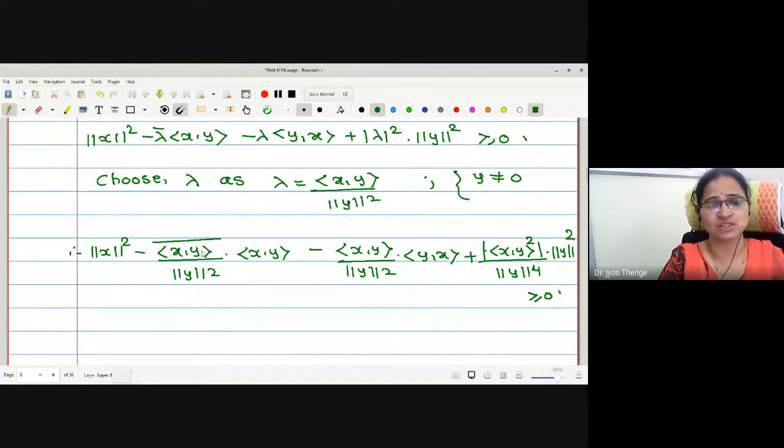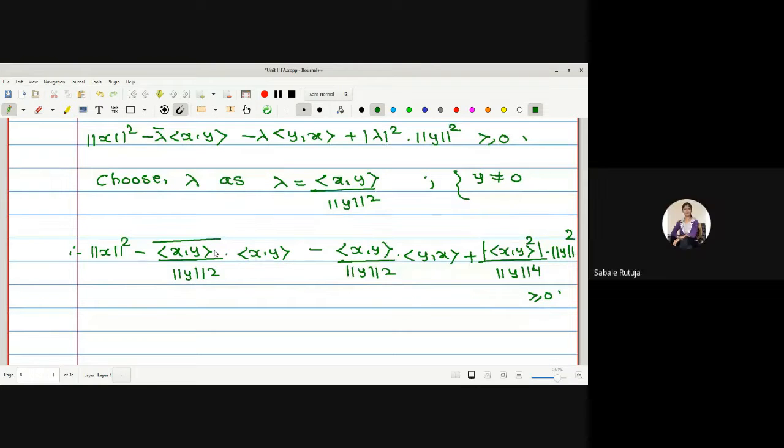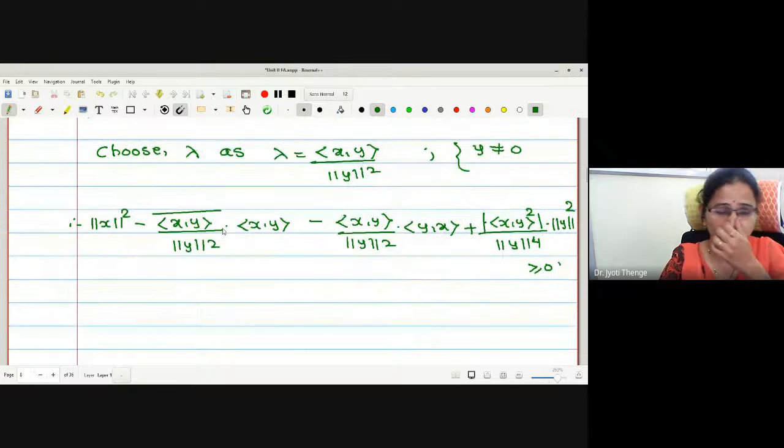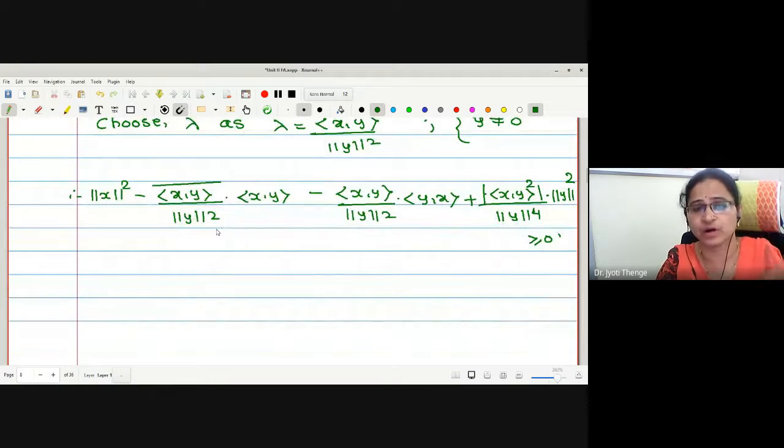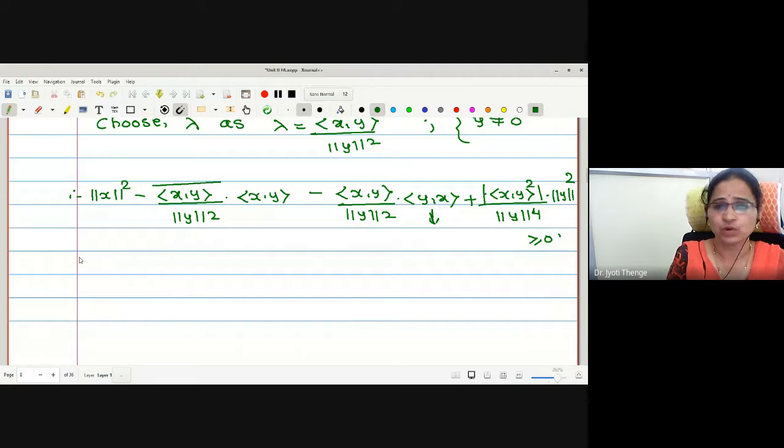Can anyone tell me this value? Inner product y with x. That is true. But actually we wanted everything in terms of inner product x with y, no? So for this also we will try to convert in terms of inner product x with y, with bar, right? We know the property of the modulus: this is z into z bar, no?